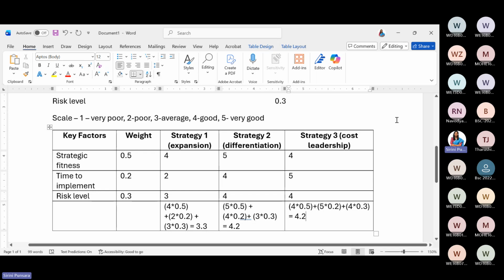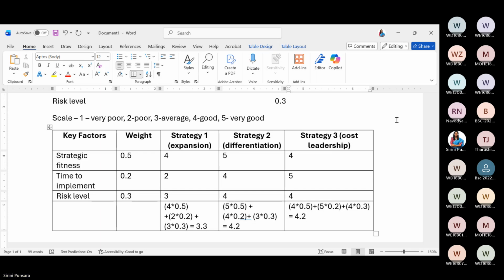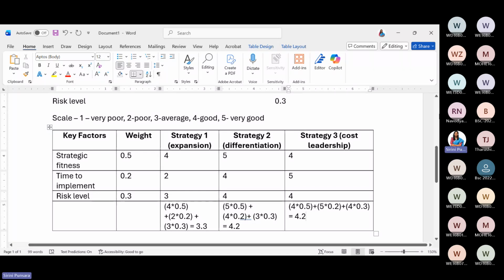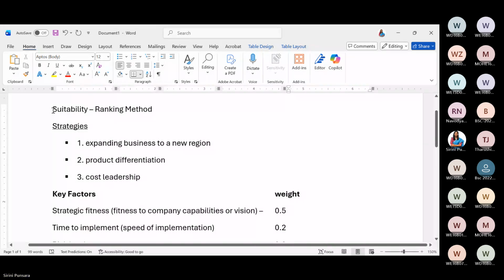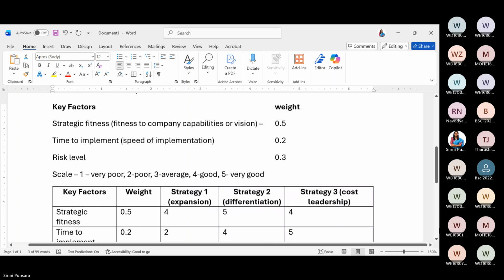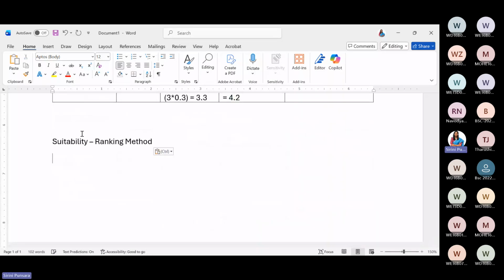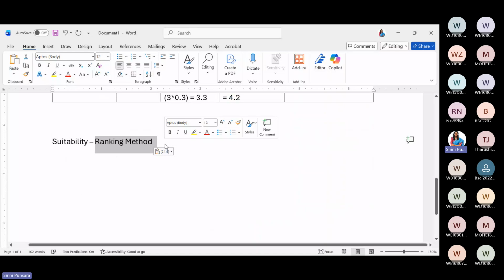Right. So to measure suitability, we can use the TOWS matrix. Second one, ranking method. Third one is decision tree analysis. I will go to the third one. Here in the decision tree, we are not going to put values.